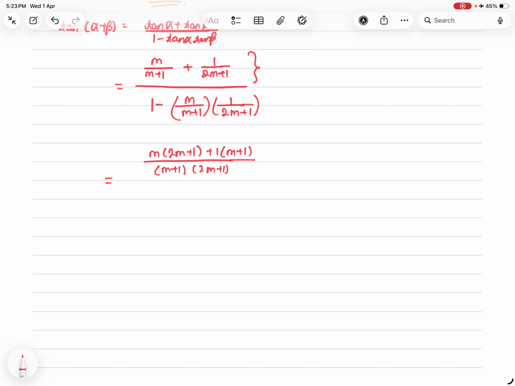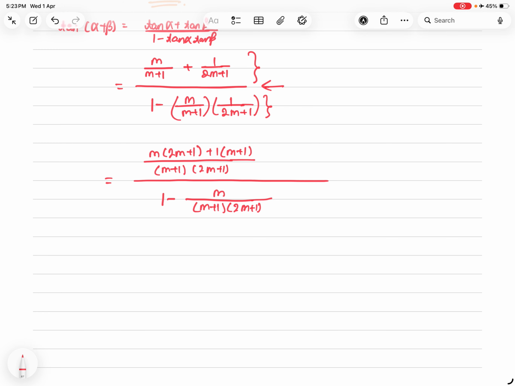Now I'm putting the big division line. So we got 1 minus, now multiplying, we will get m plus 1 into 2m plus 1, and on top we write m into 1 is m.